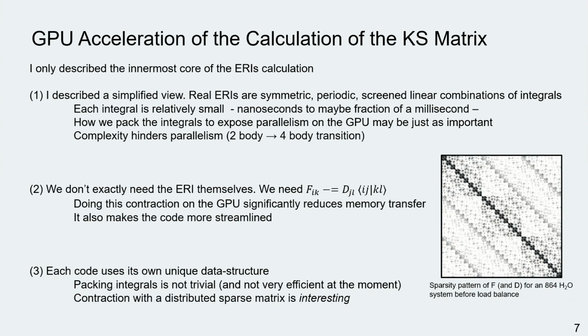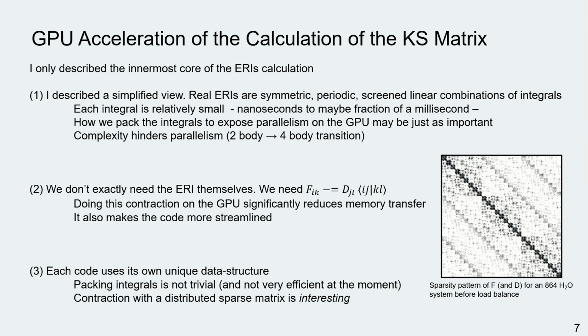And then, of course, the actual basis set is just a linear combination of these integrals. It's a linear combination of Gaussians, so the actual integrals are linear combinations of these primitive integrals. Now, each integral is actually small. We can do them, depending on the angular momentum, in nanoseconds or fractions of a millisecond for the larger ones.